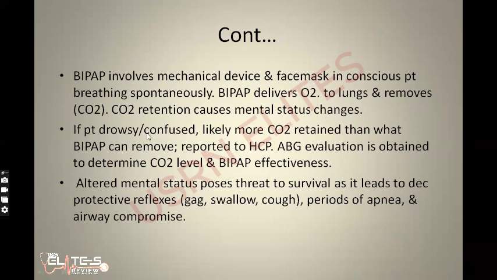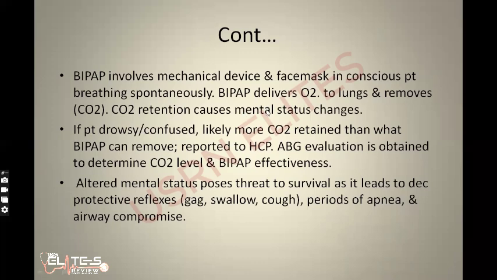If the patient becomes drowsy and confused, it's likely that the patient has retained more CO2, especially when you put someone on BiPAP max ventilation, and at a point in time you see that the patient is becoming more drowsy. It means the patient is retaining more CO2.